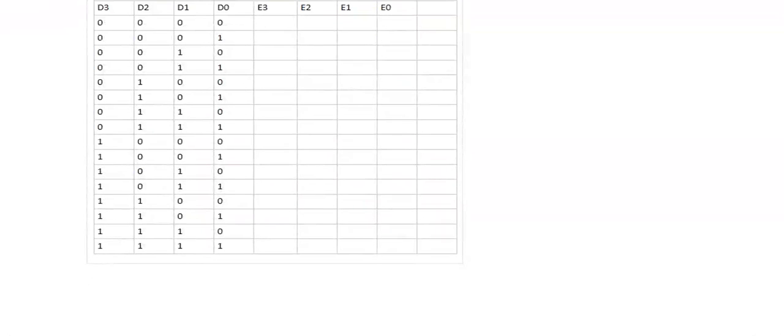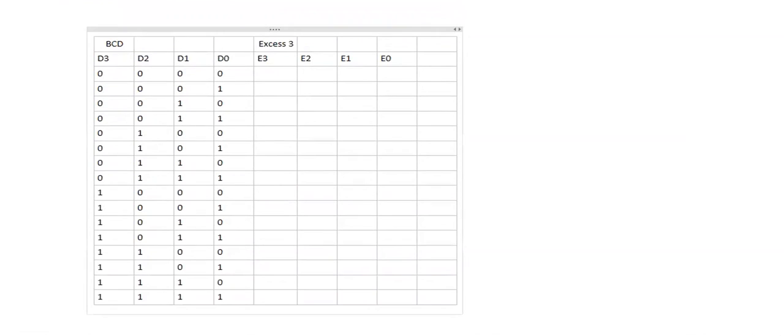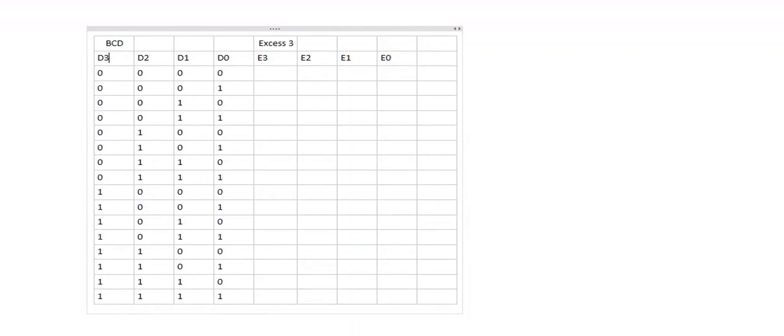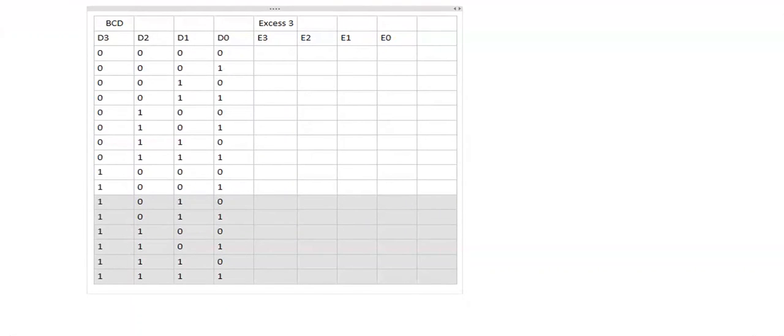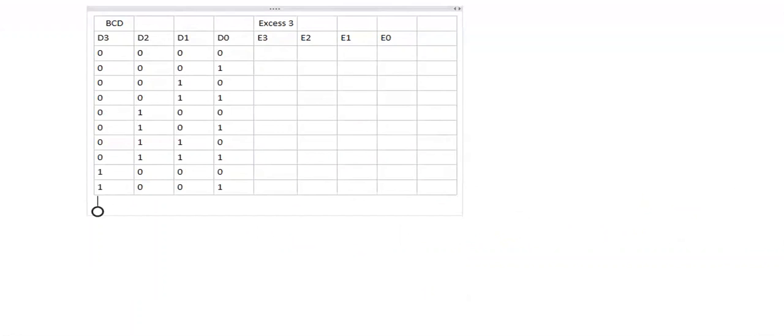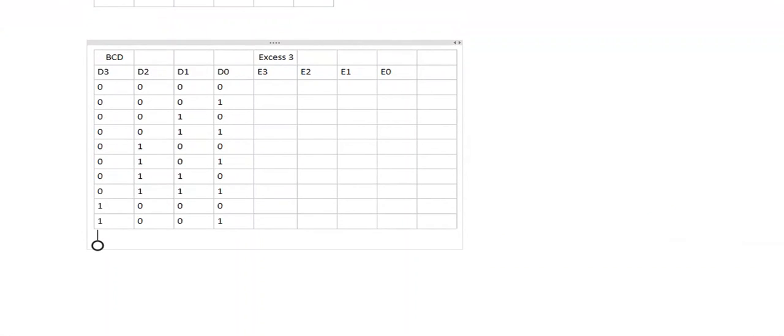So in my truth table, now the values 0 to 9 I am going to consider, up to 1001. Now to convert 0000, when I add 3 to 0, it will be 3.